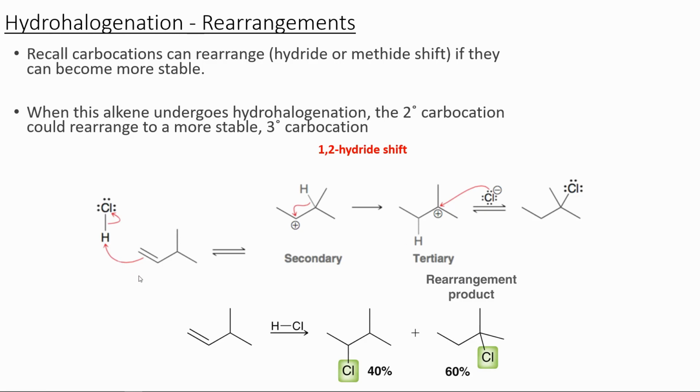So if we're looking at an addition reaction for this substrate here, after the protonation step, a secondary carbocation is produced. This secondary carbocation then has the ability to rearrange to a tertiary carbocation before the nucleophilic attack occurs. For this specific molecule, we'll see a combination of the Markovnikov addition as well as the addition after rearrangement.